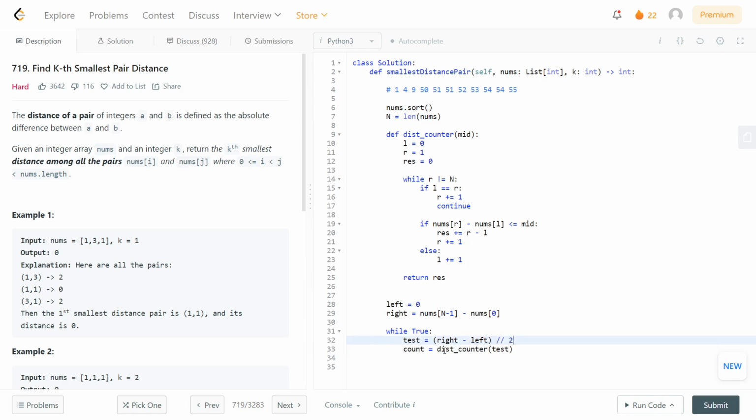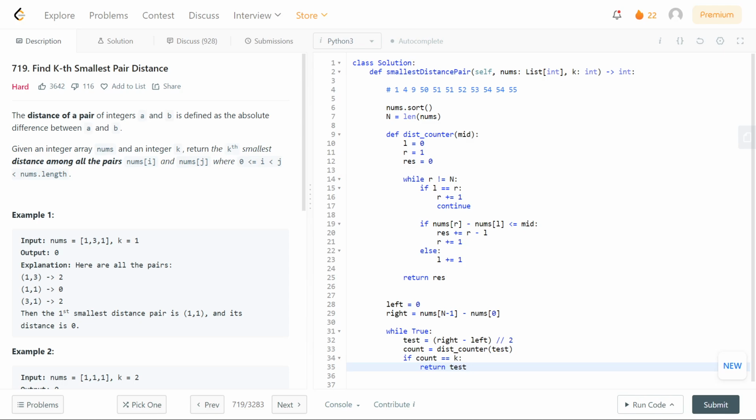So test is right minus left divided by 2. If we count, we need to check if count is equal to k, then we need to return test. Okay, so we return test.